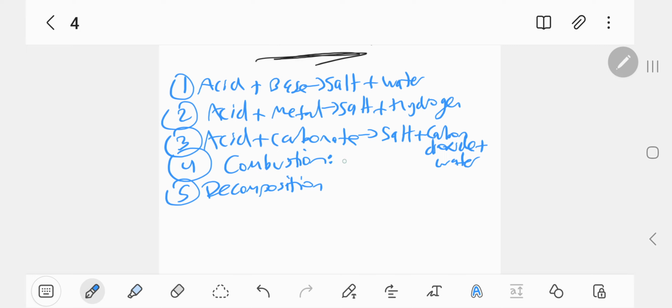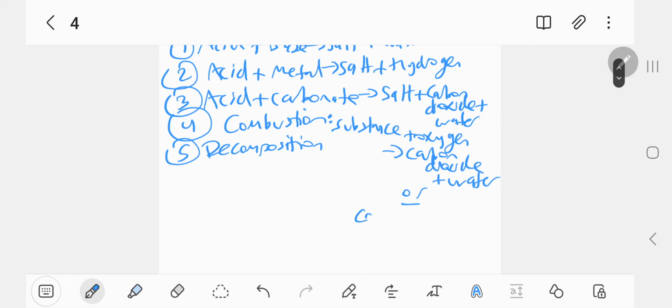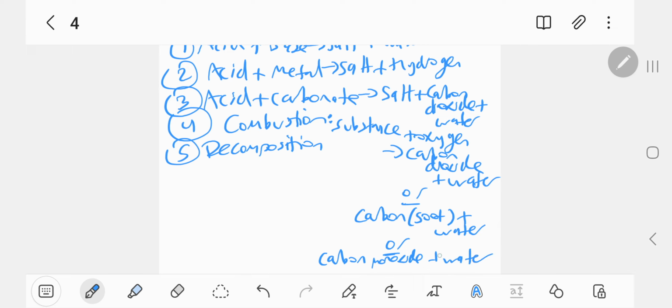Combustion involves a substance, could be anything, could be a metal, it could be a fuel like methane, plus oxygen gives you either carbon dioxide and water, or carbon soot plus water, or carbon monoxide plus water.